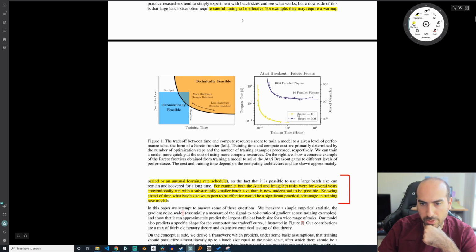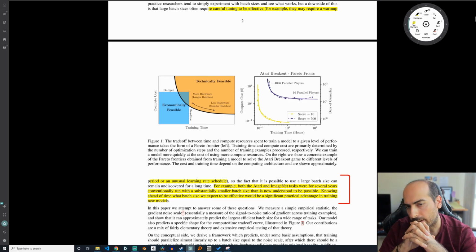So score equals 10 days of gameplay and compute cost in dollars. So the compute cost increases if you have more parallel players, right? But then, oh, I see what they're doing. Okay.